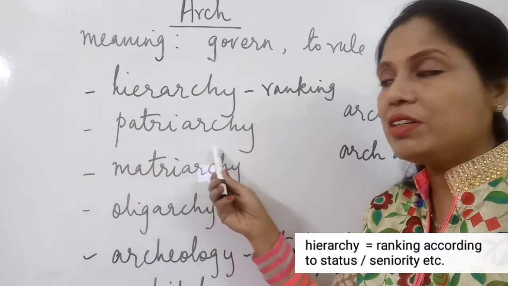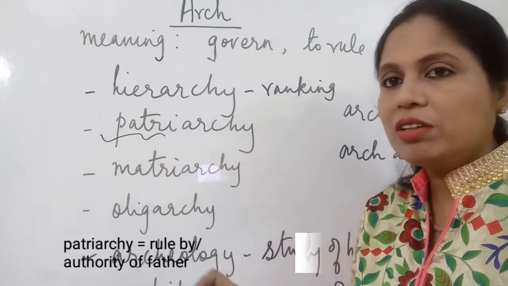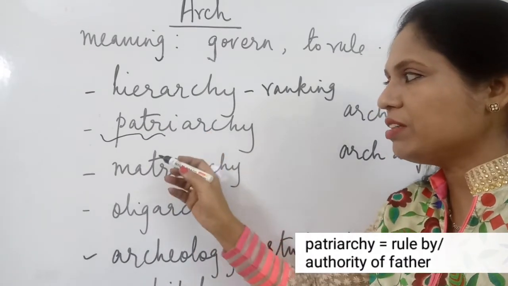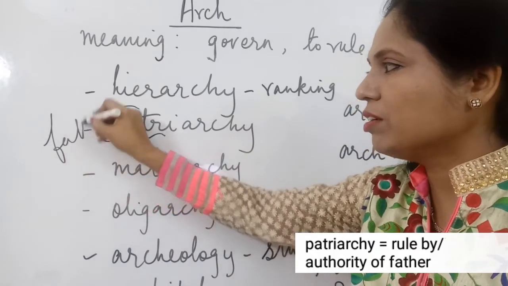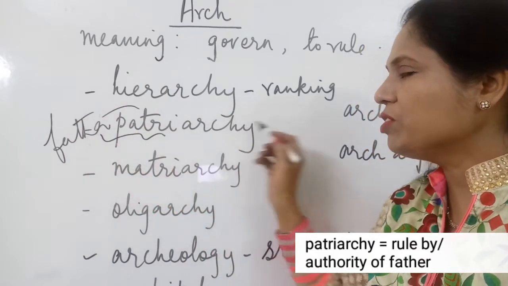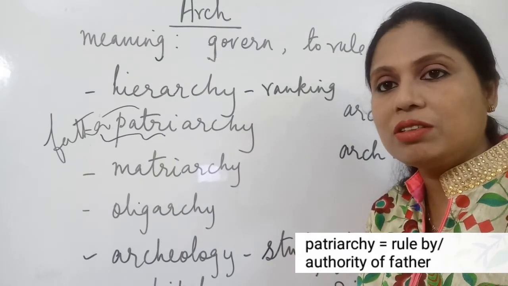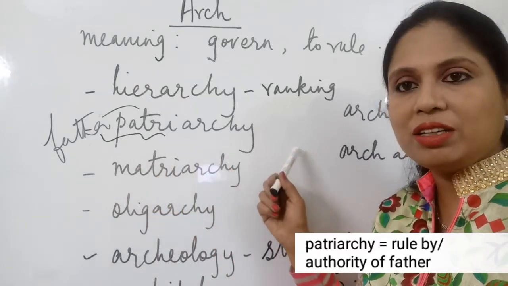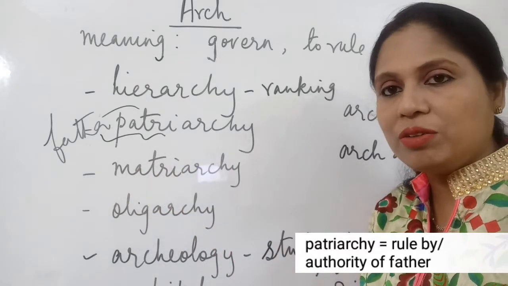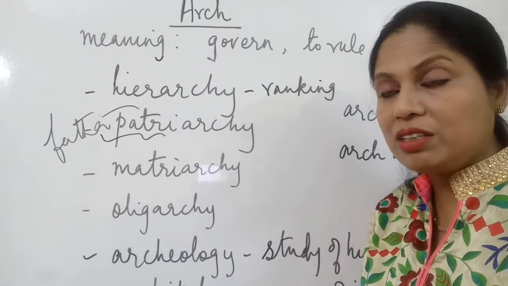The next one I have is patriarchy. Patri is also a root word prefixed here. It means father. When father is a ruler, it could be a family, it could be the society that I'm referring to. So a patriarchal society where mostly the father is the head of the family, or a male dominated society.